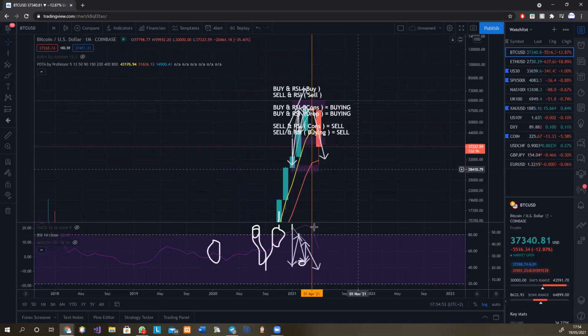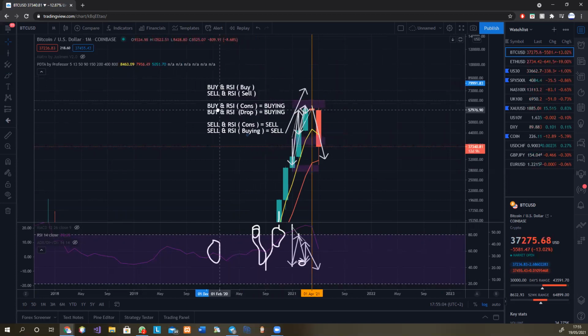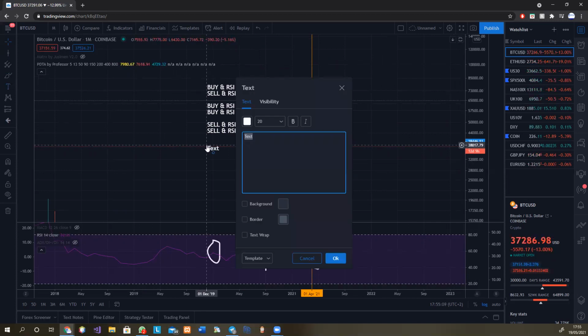Either it drops and the RSI drops as well with it, or it consolidates and the RSI falls. And what does it mean when the market consolidates and the RSI is dropping? I did not write that down. Let me just put it here.